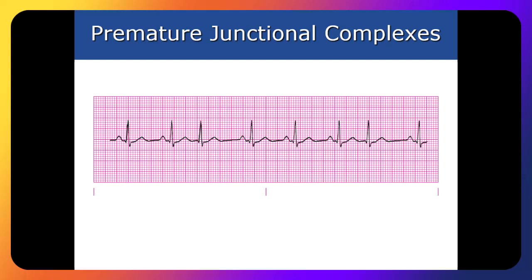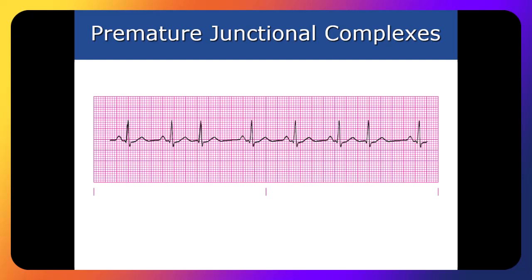So we're pretty sure that it's going to be coming from the same focus or foci. Focus is singular, foci is multiple. So we would classify this as a unifocal PJC. Okay. Now, if you just identify this as normal sinus rhythm with a PJC, I'm okay with that. All right. Anybody not clear on why that's a PJC?